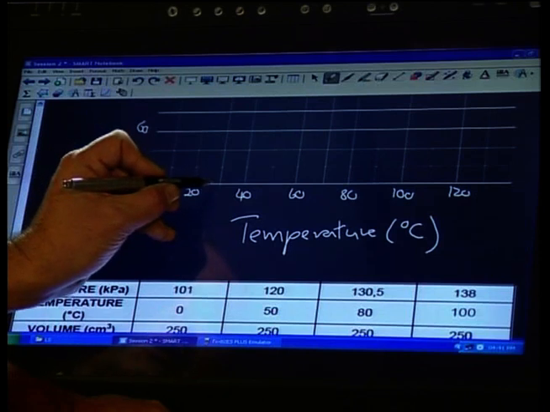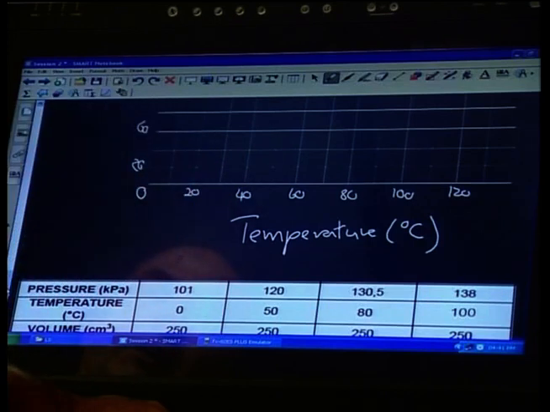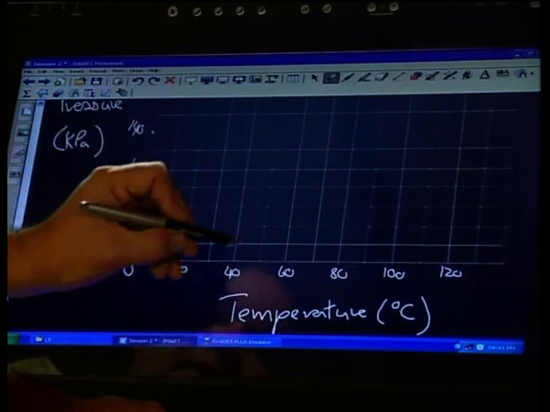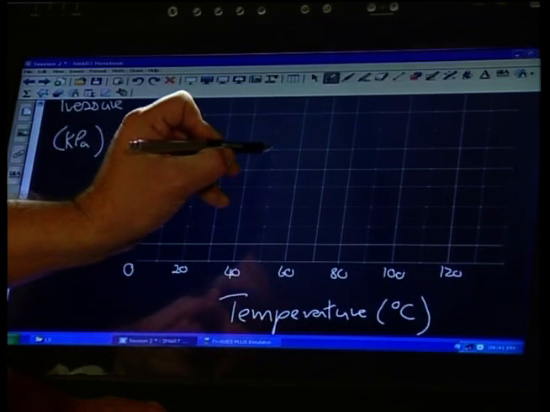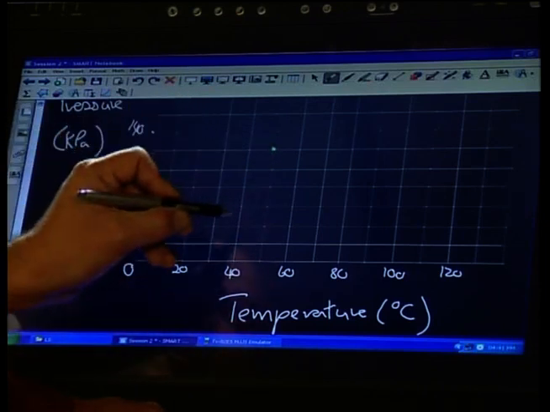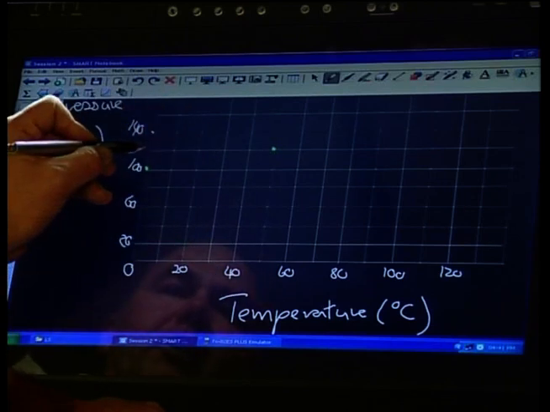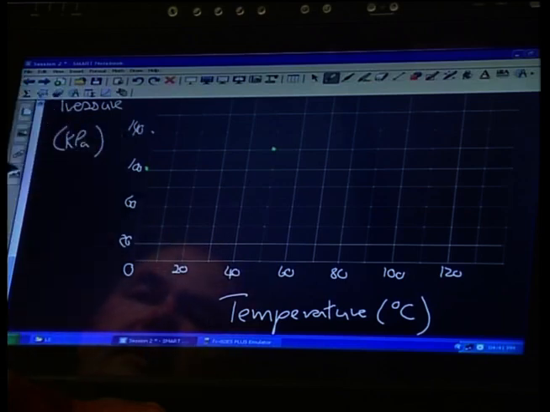So now notice that there's 30, there's 40, there's 50. Find 50, and I want a pressure of 120. So that's not too difficult to see that it must be that exact point over there. So the temperature was 50 and the pressure was 120.